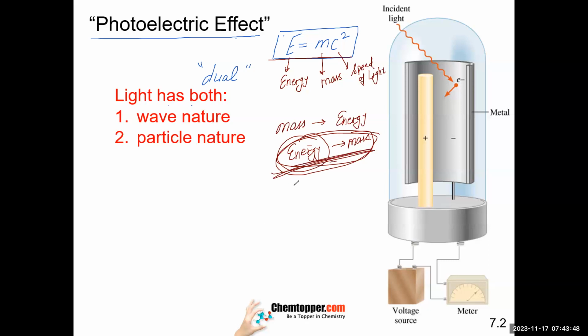Or like in nuclear plants, you must have heard about nuclear plants. What is happening in the nuclear plants? You are converting the mass of the radioactive material into energy. You're getting energy there. We are using fission and fusion.